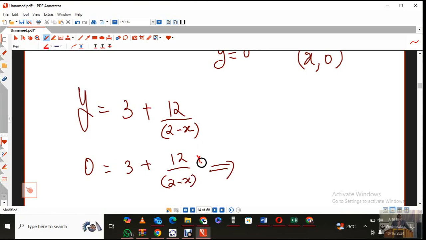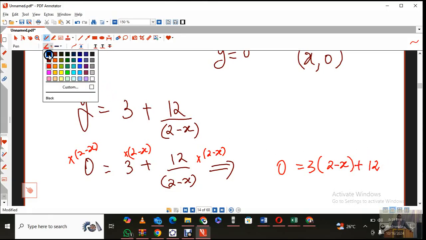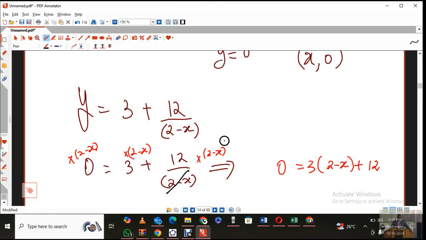If I multiply here by 2 minus x, I multiply here by 2 minus x, and I multiply here by 2 minus x. Well, 0 times anything is just going to be 0. And that will be 3, in brackets, I'm going to have 2 minus x. And guess what happens? You are just going to see an answer of 12 on this side, and the reason for that is that this and this obviously cancel.